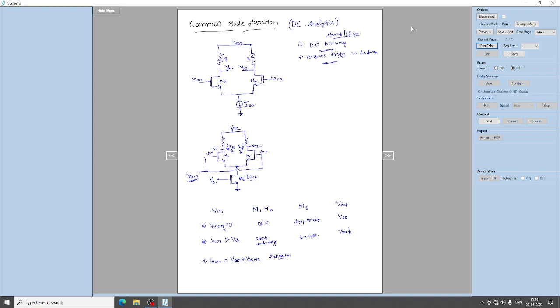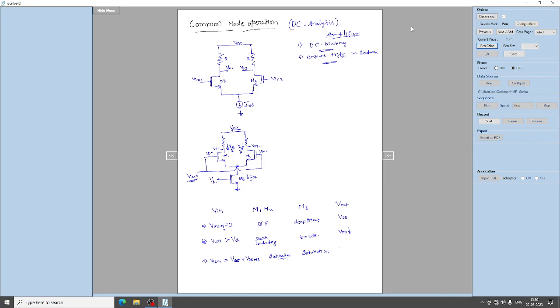And since we have increased the input common mode, the drain terminal of M3 is anyhow large. Since it is larger compared to VB, we can ensure that the transistor M3 is also in saturation region, right?